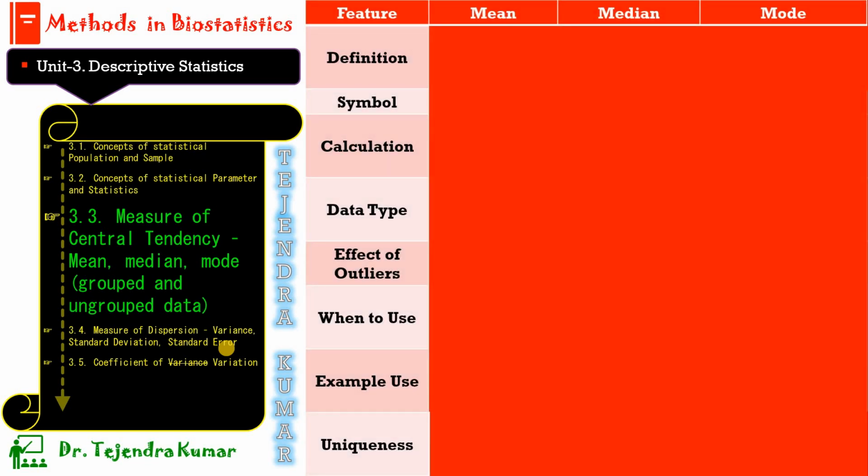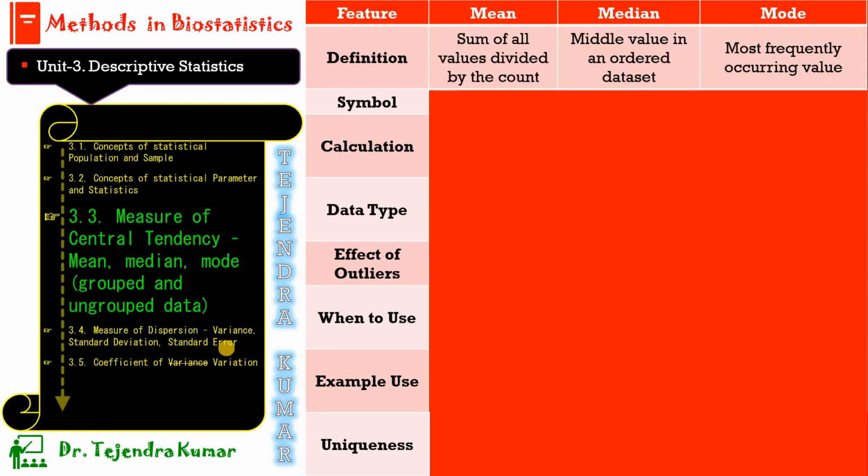Now, this is a comparative table where we will see the features of mean, median, and mode. Let's see. Definition. Mean is the sum of all values divided by the count.